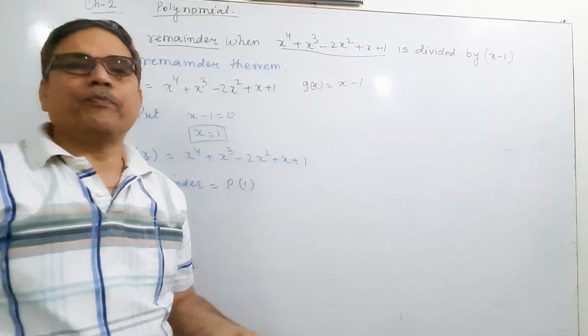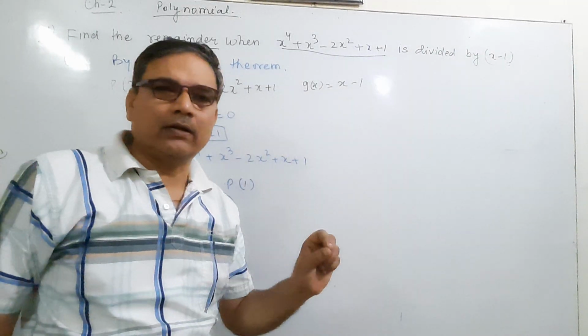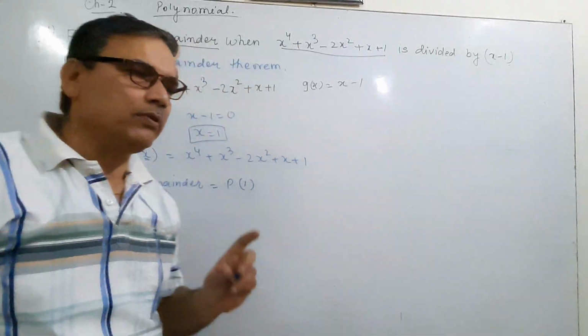And now what is the value of p(1)? The exact value of the remainder, which is equal to p(1), and what is its numerical value? Now we have to find out.